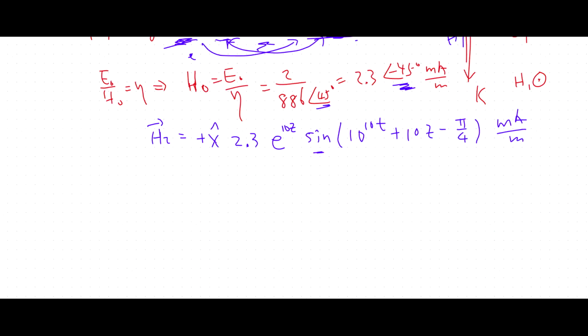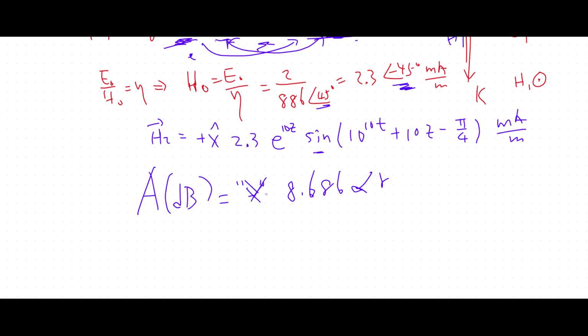Attenuation in dB is equal to 8.686 alpha R. I usually don't even write the negative because it's implied you drop 100 dB.